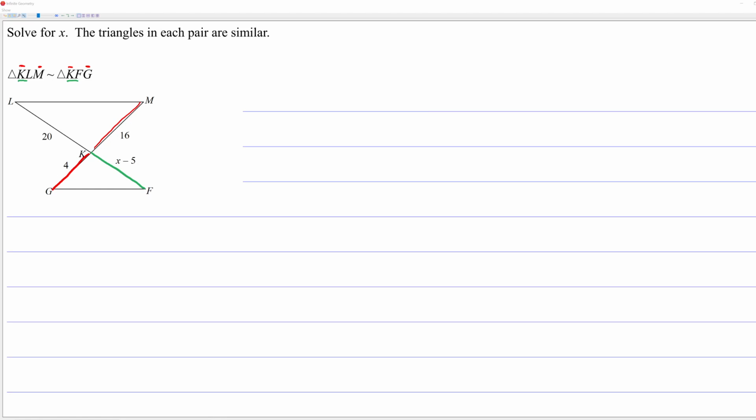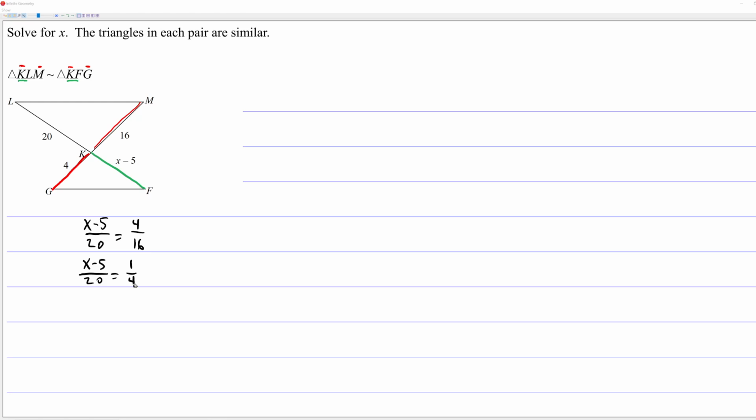Once you know which sides correspond to each other, you'll write down a proportion equation again. So we have x minus 5, which corresponds with 20. And then you have to go in the same order, so we're going to start with the smaller triangle. 4 corresponds with 16. Once again, before you start doing any algebra, if you can simplify fractions, that's a good idea.